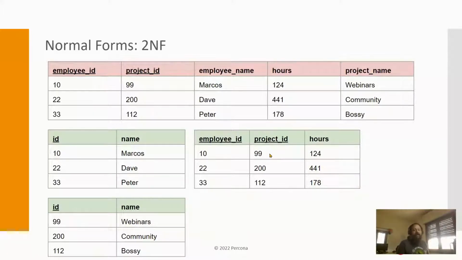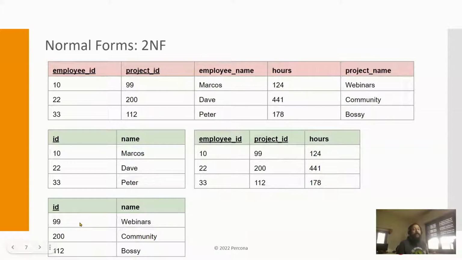So that is the subject of referential integrity: making sure that when we have a reference between tables, a so-called foreign key, such as the project ID here being a foreign key to the projects.id column, it is valid.